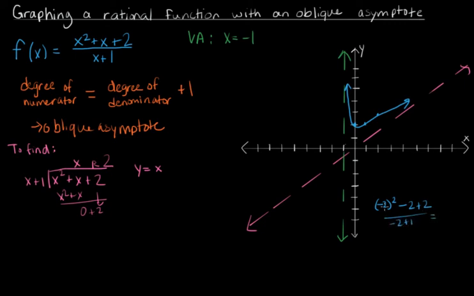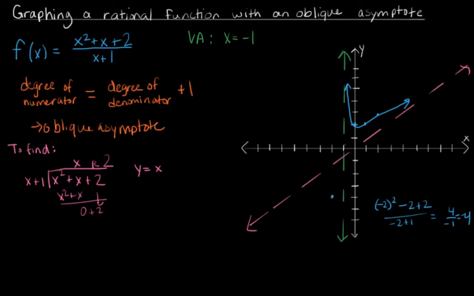So this is 4 minus 2 plus 2 is just 4 over -1, so -4. Oops, that was off the screen. All right, so -4. So -2 is at -4, which is right here.